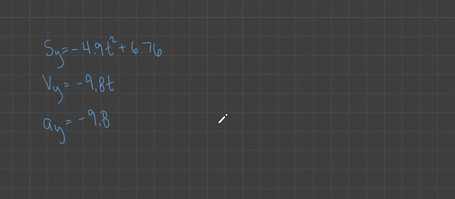And then we said the acceleration in the x direction was 0. The velocity in the x direction was just, I'm not sure what to call it, V0 in the x direction. Basically, it's equal to Vx. It equaled 11.11. And then the position in the x axis was 11.11 times time.